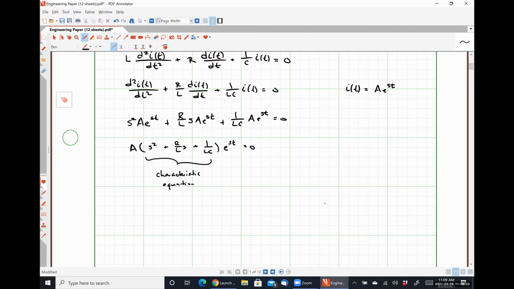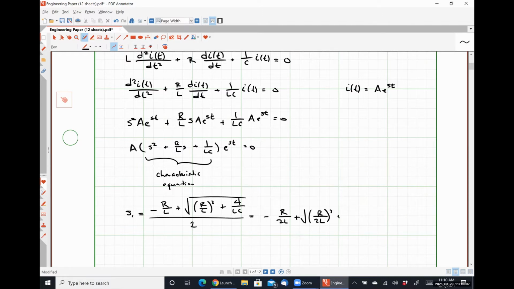Since it's a quadratic equation, I will have S1 equal to negative b, so that is negative R over L, plus the square root of (R over L) quantity squared plus 4 times 1 over LC, so 4 over LC, all divided by 2, which simplifies to negative R over 2L plus the square root of (R over 2L) quantity squared plus (1 over root LC) quantity squared.